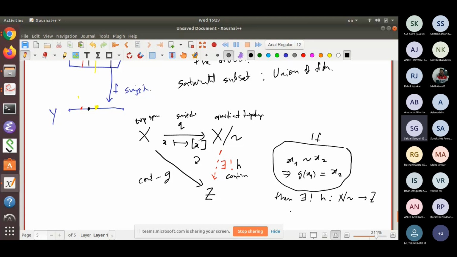And how is it defined? Take any representative, since any element here looks like an equivalence class. Define H of the class of x to be equal to G of x. This is well defined and continuous. It is continuous because it has been given the quotient topology.